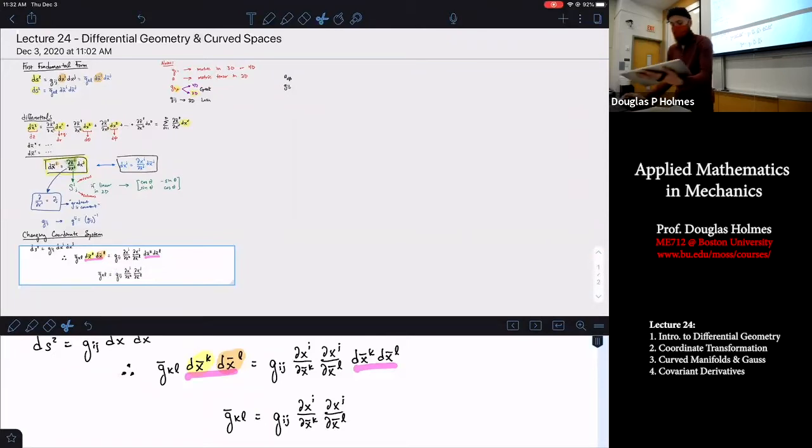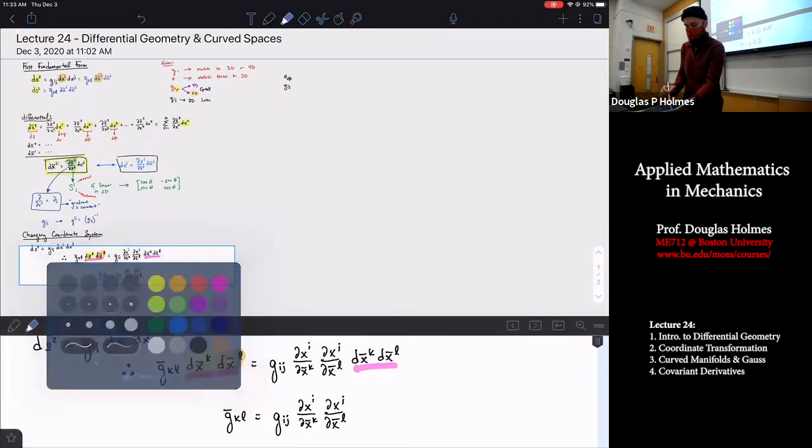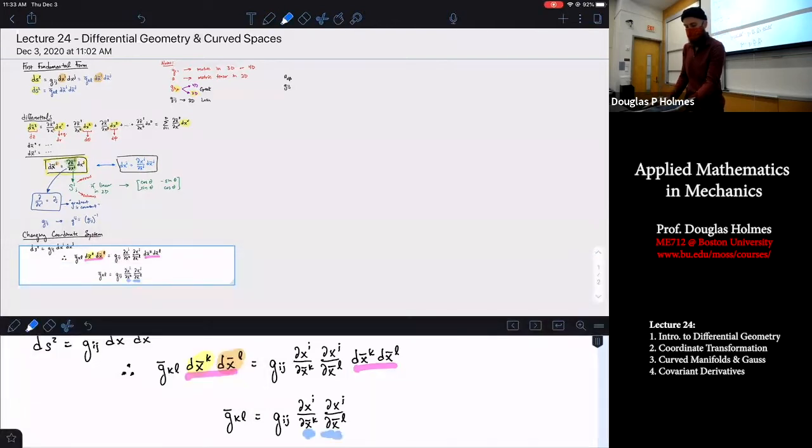In other words, I just need to take my metric tensor and multiply it by the derivatives of the vector that parameterizes your coordinate system. That's this partial derivative here, and here. And that will transform it to the metric tensor that I'm using.